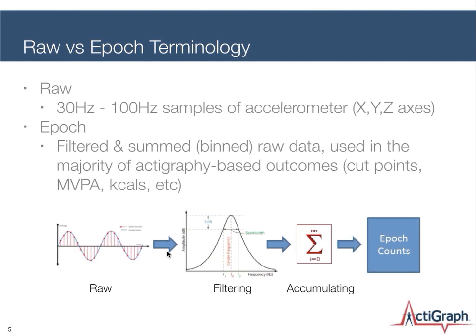It's a large amount of data. Collecting 100 hertz data on just a sample of 5 subjects over a period of a week could produce well over 2 or 3 gigabytes of data, depending on activity levels.